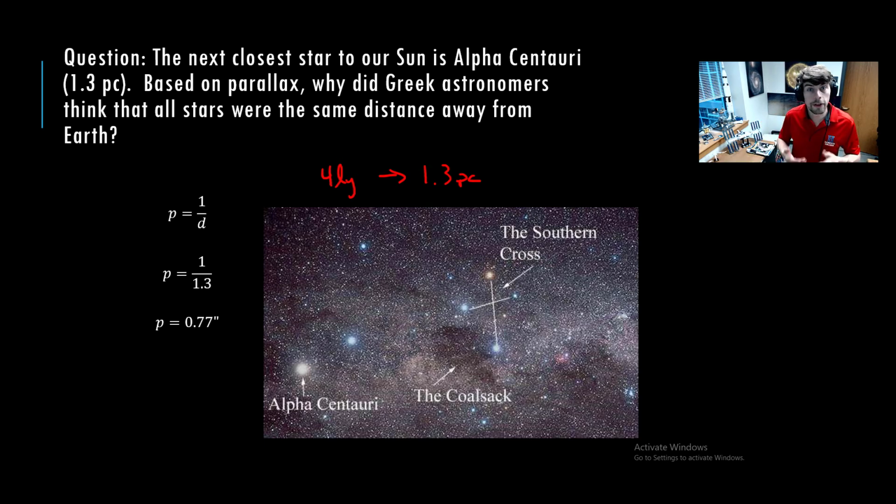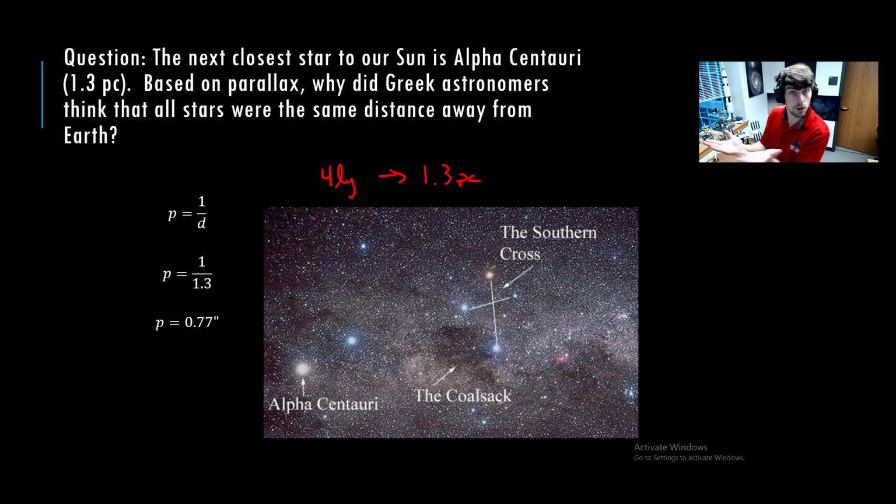So they go out, they measure the parallax of the stars and find that none of the stars shift with respect to background stars. Well, that means that none of the stars are closer to us. That means they're all the same distance away. And so that's one of the observational supports for the ancient Greek model. None of the stars exhibit parallax.